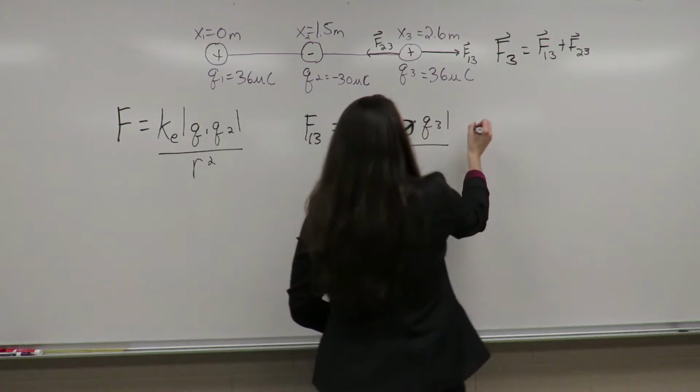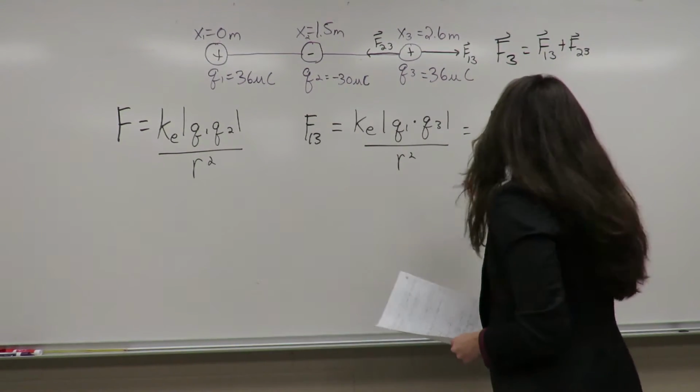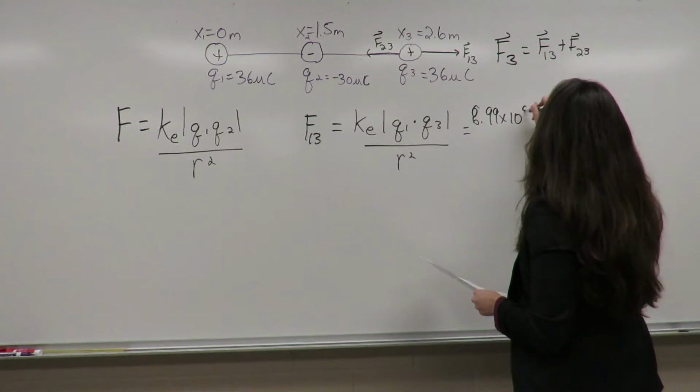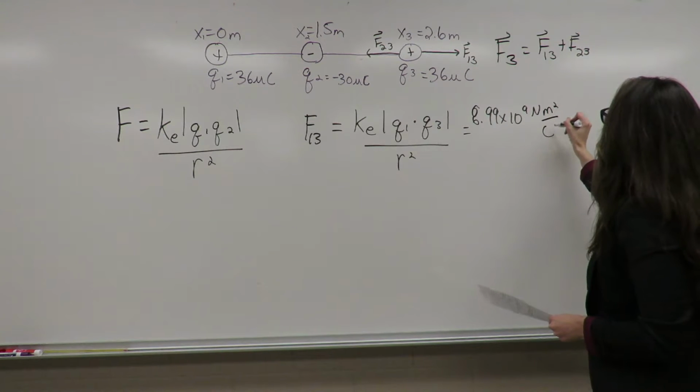If I plug in those values, our constant K is 8.99 times 10 to the 9 newton meters squared over coulombs squared.